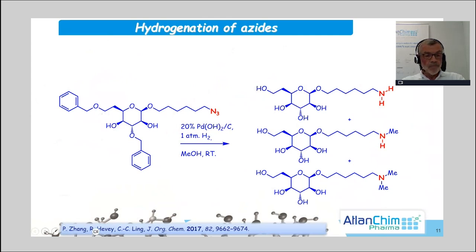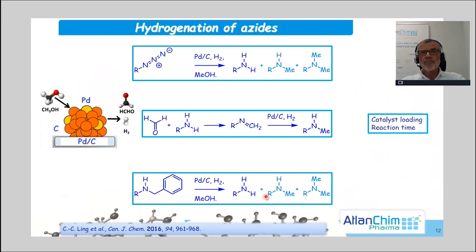So these partial N-methylations have been reported in the literature during catalytic hydrogenation of azides, as we have just seen, as well as during hydrogenolysis of N-benzyl amines, as reported here.